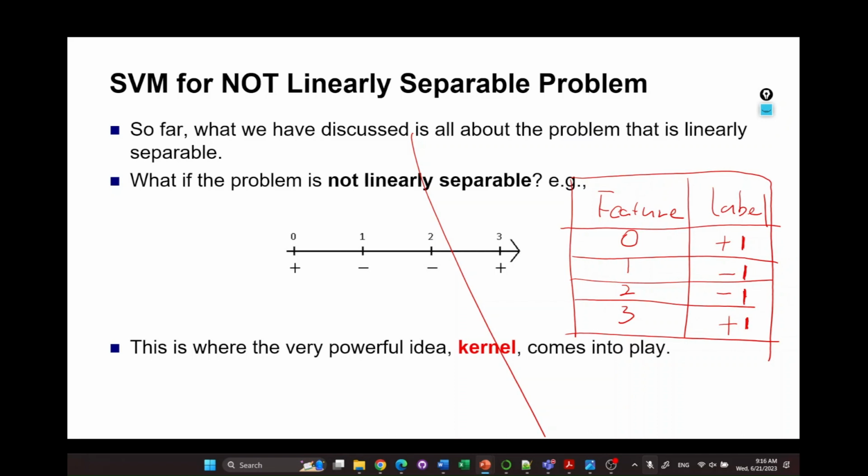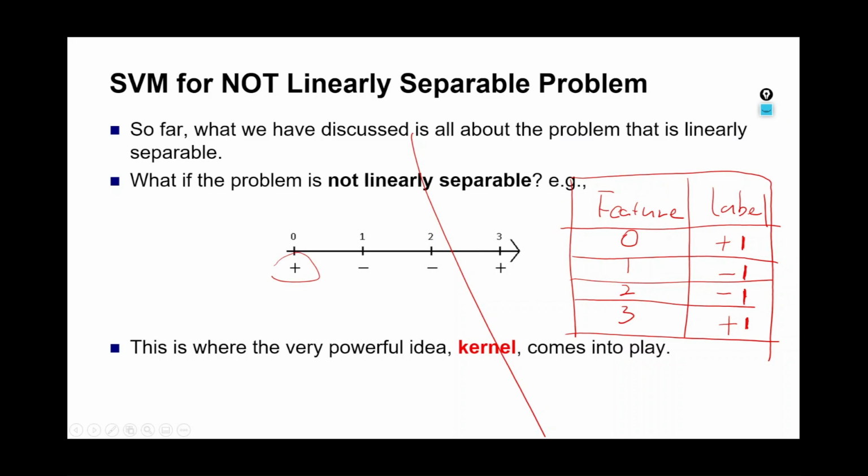Again, we got one sample that's wrongly classified, this sample. By drawing this line, you are saying that on the left hand side we have one class, and on the right hand side we have another class. But clearly, the positive class samples were not grouped together.